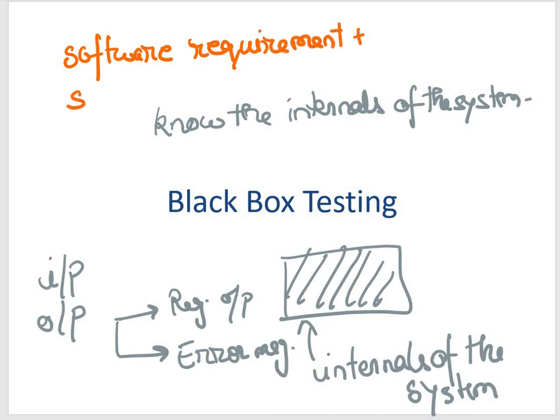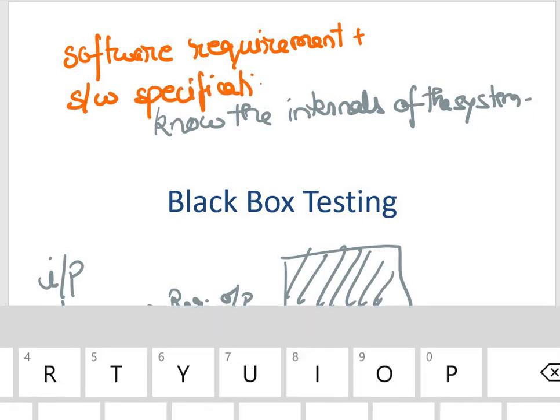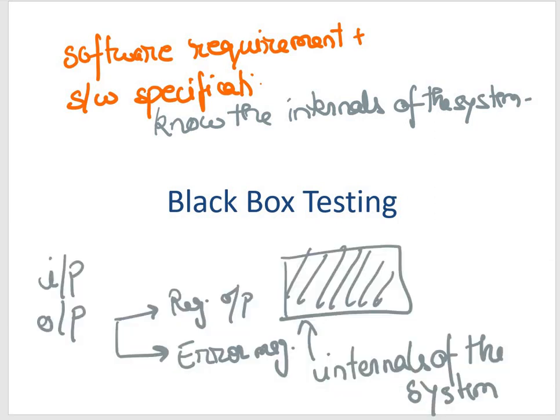Plus my software specification. Right, so my black box testing is entirely based on these two things. This black box testing, in some of the literature you will find, is also called behavioral testing.